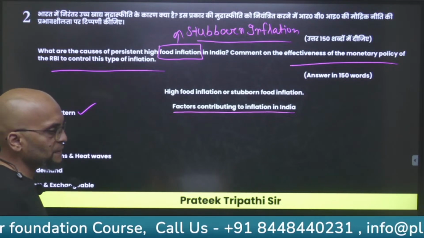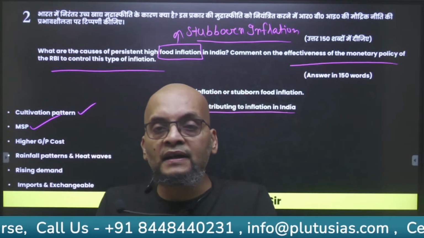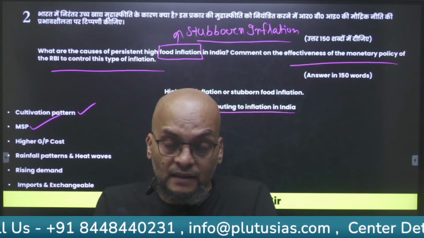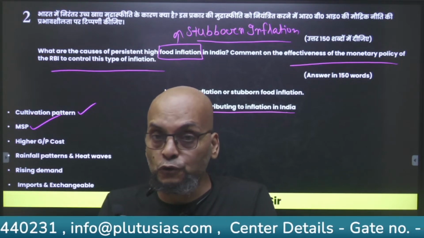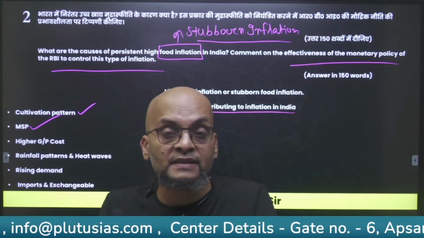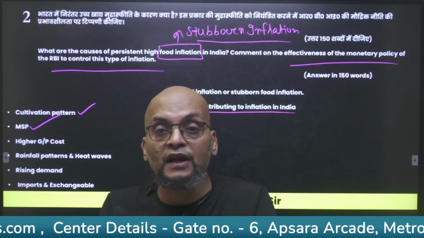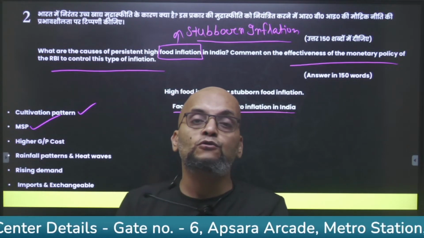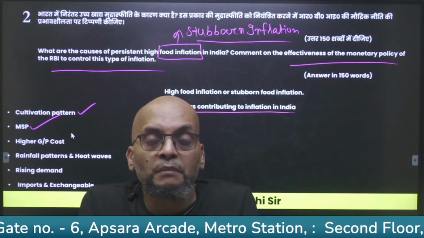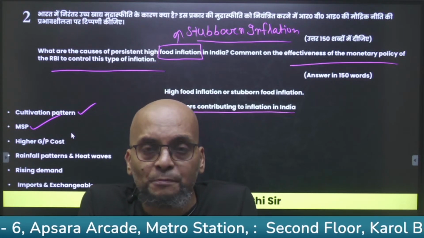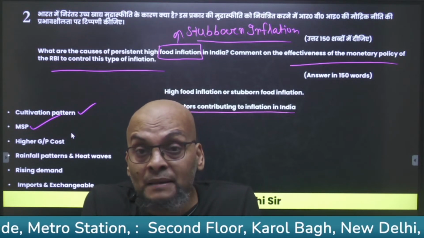Second is MSP, minimum support price. See, to safeguard the interest of farmers, and this phenomenon of MSP is very relevant nowadays, because farmers are still demanding, they are still on strike in several places in India, you all must be aware. And what's their major demand? They have several demands, but one of their major demands is MSP. They want security, minimum support price.